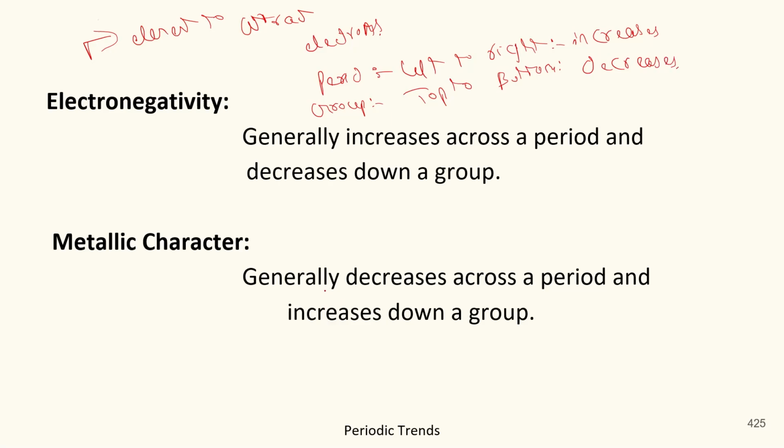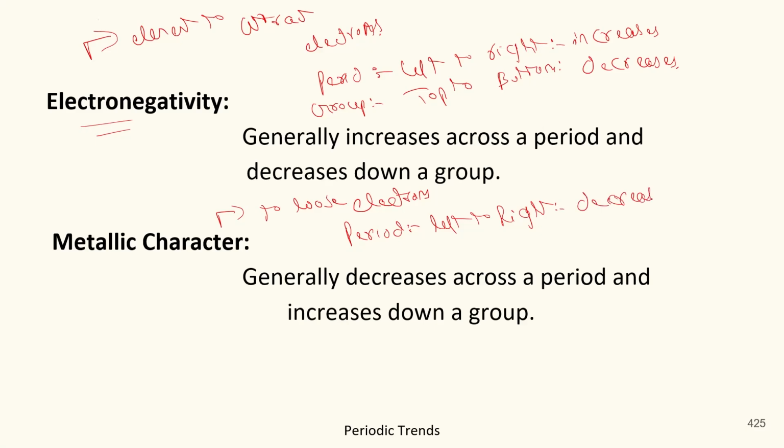Now, metallic character. It's generally the tendency of an element to lose electrons, or you can say it is the opposite of electronegativity. So during the period from left to right it generally decreases.